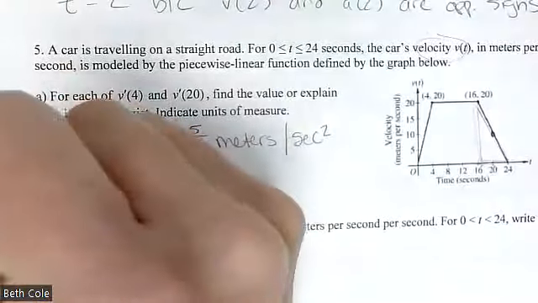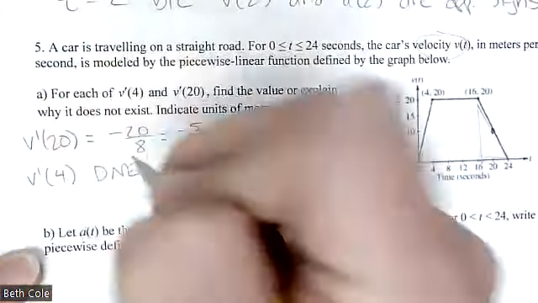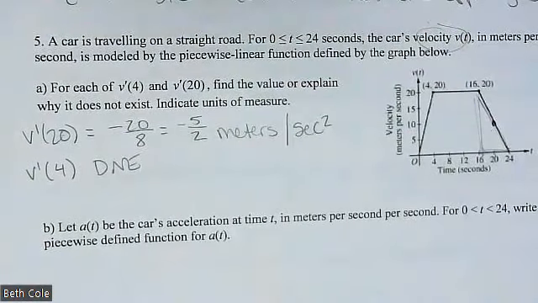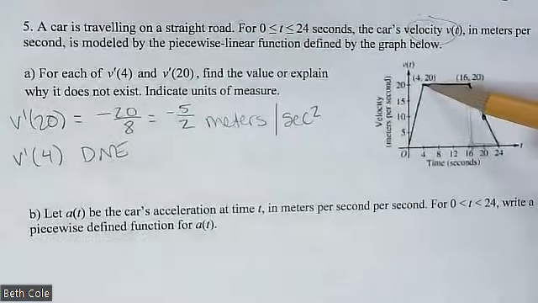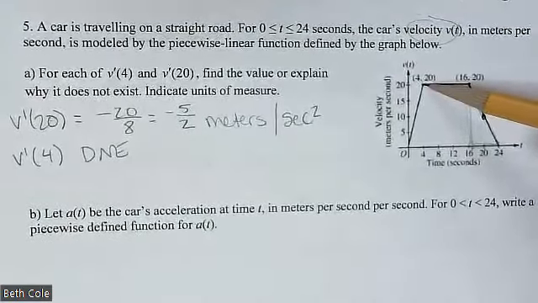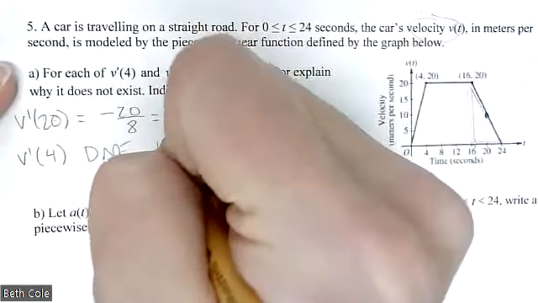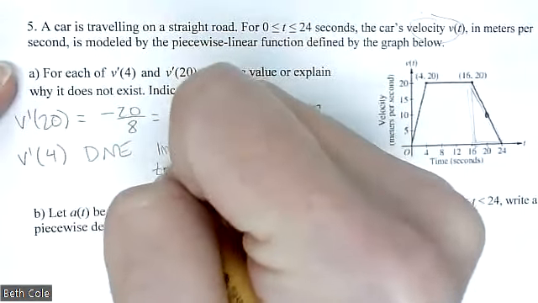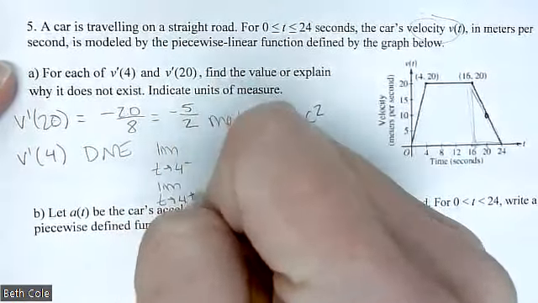So now, as a heads up, v prime of 4 does not exist, and we're going to use limits to explain why not. Limits from the left and limits from the right. But why does it not exist at 4 in common sense terms? Sharp edge. Okay. So we're going to do the limit as t approaches 4 from the left, and the limit as t approaches 4 from the right.